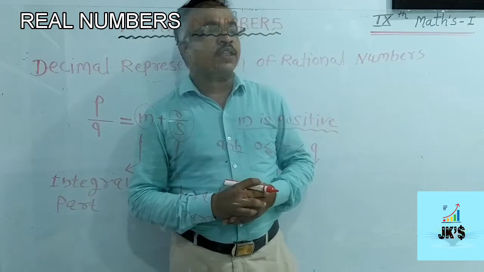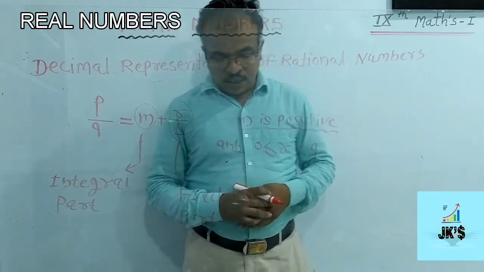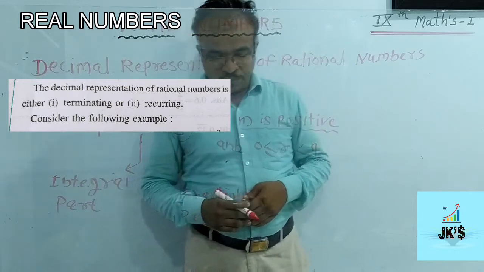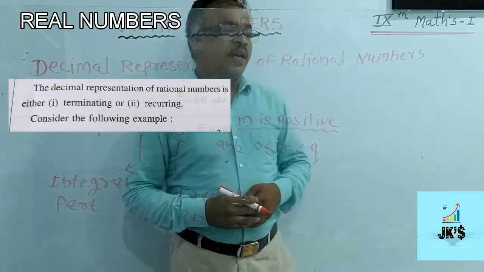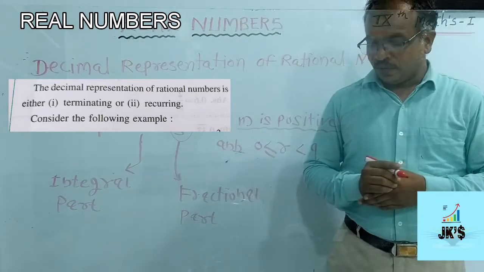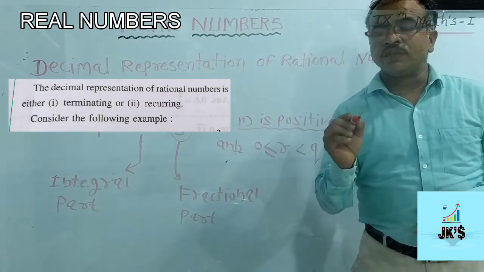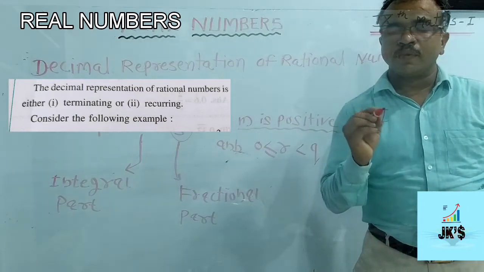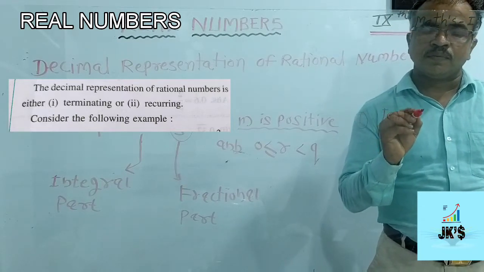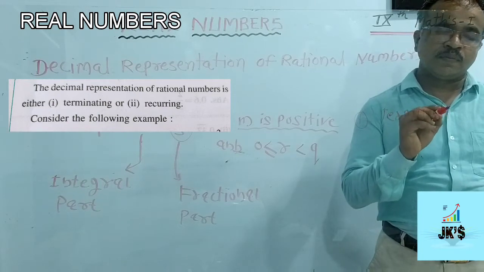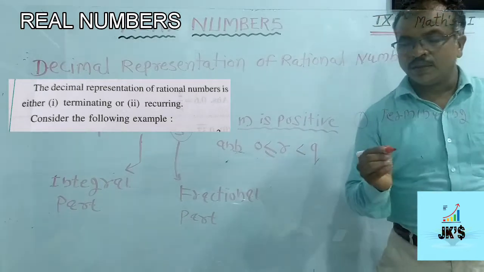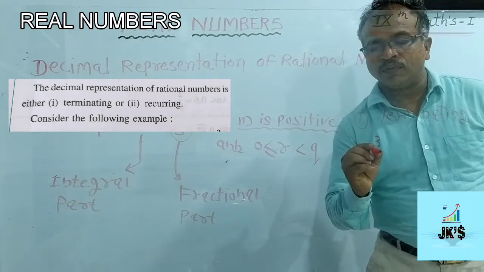The decimal representation of rational numbers is of two types: terminating decimal and recurring decimal. The first one is terminating. For example, 3 upon 5.